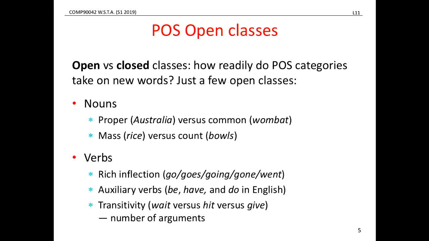Now, I'll go through each of the classes. First one being nouns. We have proper nouns, like Australia, which typically are capitalized in English, referring to a specific thing, versus common nouns, referring to a class of things, in this case, wombat. We have mass nouns versus count nouns.